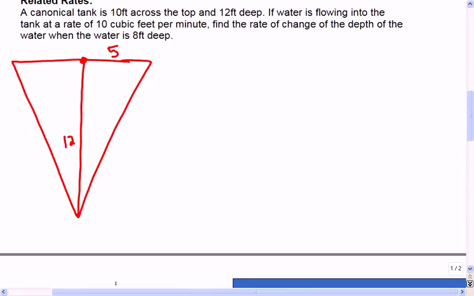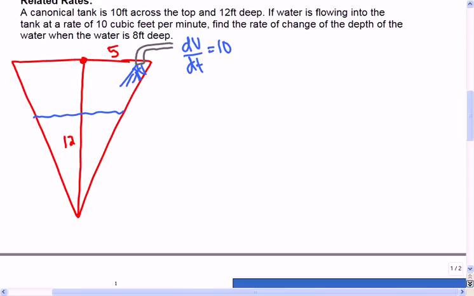And it says water is flowing at 10 cubic feet per minute. So we would label that as the change in volume with respect to time is 10. It's increasing the volume at a rate of 10 cubic feet per minute. And it wants to know about when the water is 8 feet deep. So this is approximately what my picture would look like.